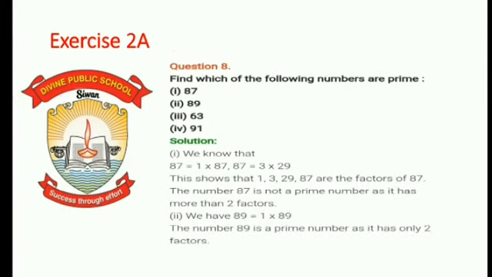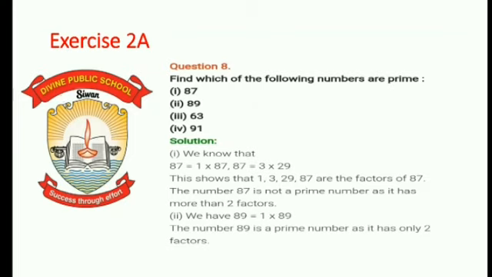Now we have reached the next slide. Here we will discuss the 8th question of this exercise. Find which of the following numbers are prime. There are 4 parts of this question. First part: we know that 87 is equal to 1 into 87, and 87 is equal to 3 into 29.